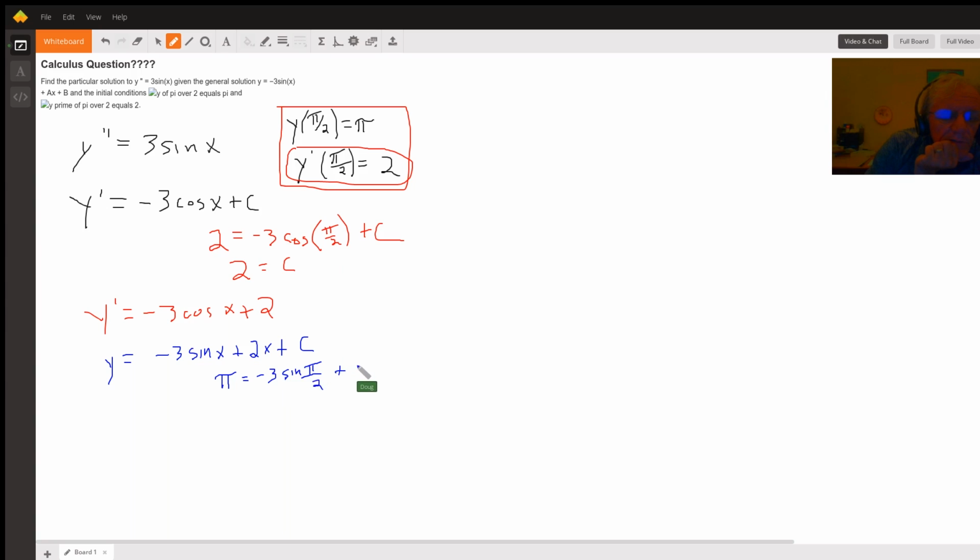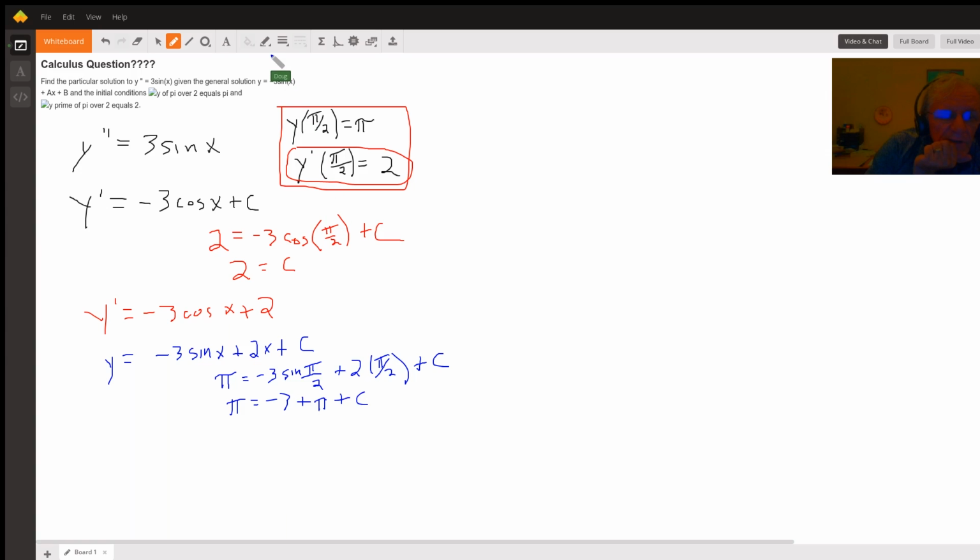So I'm putting pi over 2 in for x so that I can find the particular value of this arbitrary constant. The sine of pi over 2 is 1, so I've got pi equals negative 3 plus 2 times pi over 2 is pi plus c.